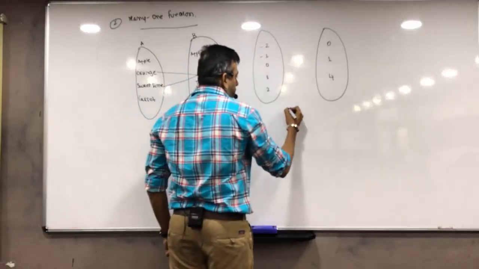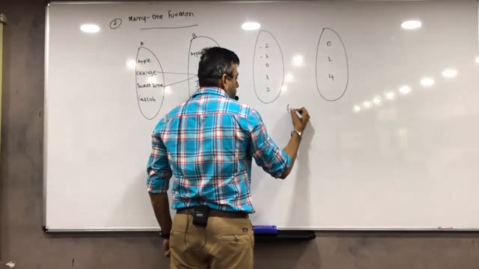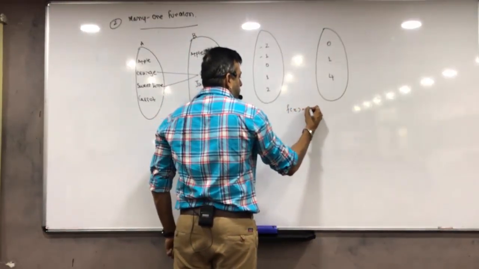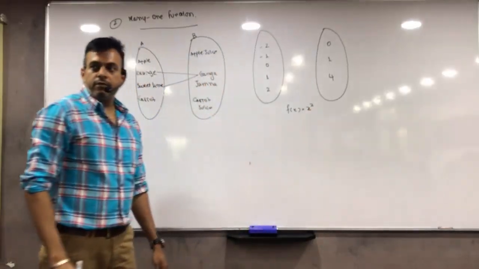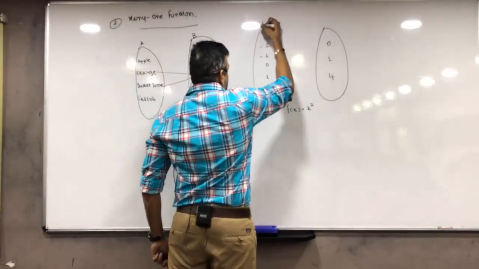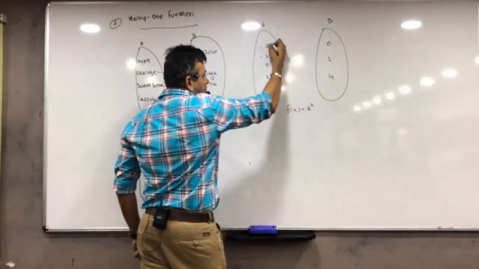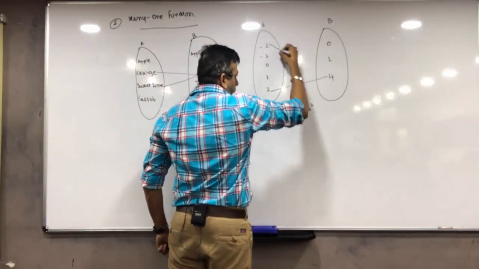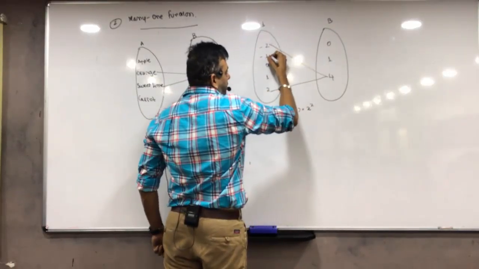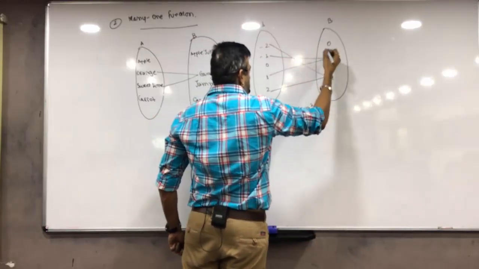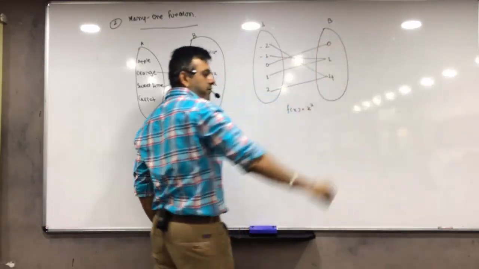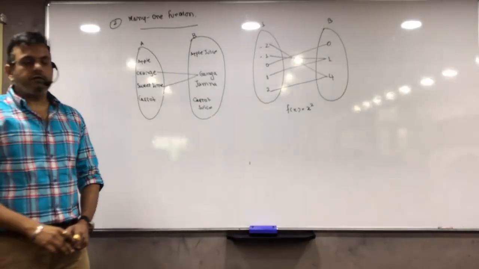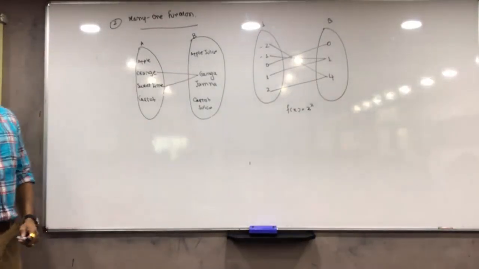Okay, this is what? f of x equals x square. So A and B, -2 and 2 go to 4, many-one. -1 and 1 go to 1. And 0 goes to 0. Got it? This is many-one function.